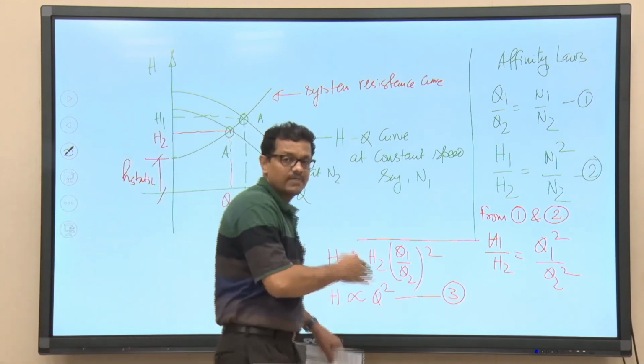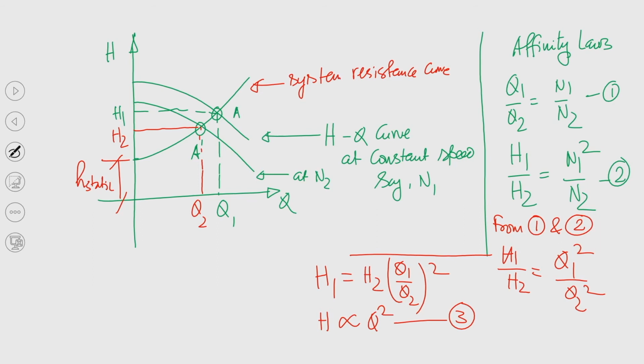So, these two statements are equivalent, right. So, basically what we can see is that when static height is equal to 0, if we know the discharge and head at a given speed, we can easily calculate the head and flow rate at a different speed. Okay. So, this is what I wanted to discuss in today's class.